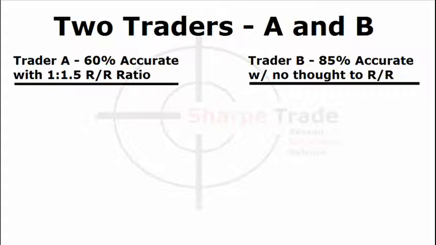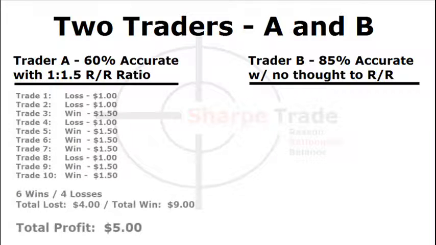Trader B just bought into all of the hype. 85% accurate, 85% accurate. There's never any mention of how that accuracy rate on a single methodology has anything to do with the risk-reward ratio. So we look at that first trader, Trader A, who starts off right off the bat with a couple of losses.